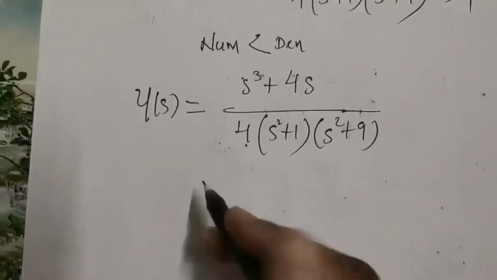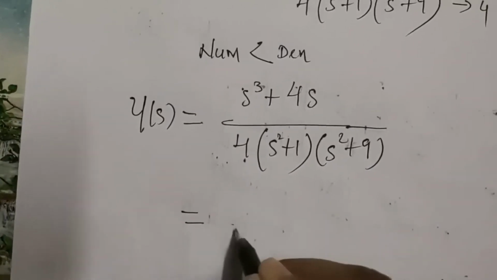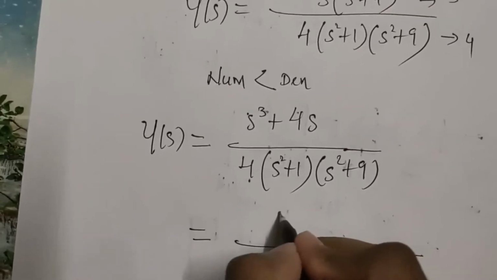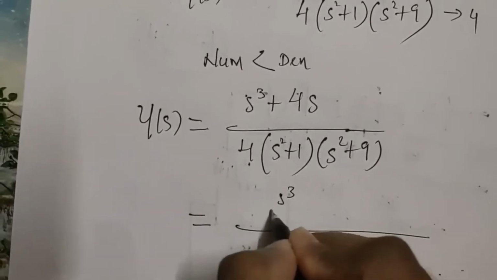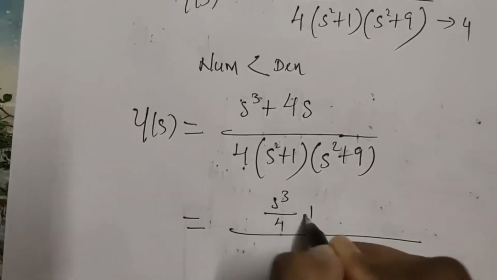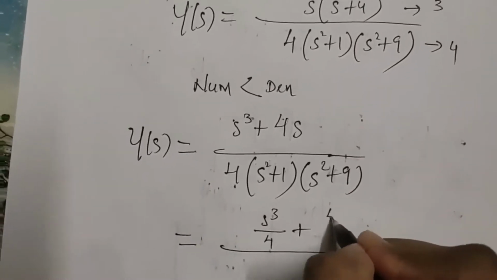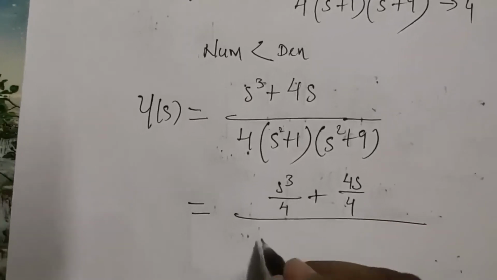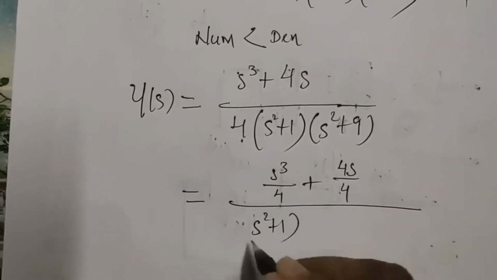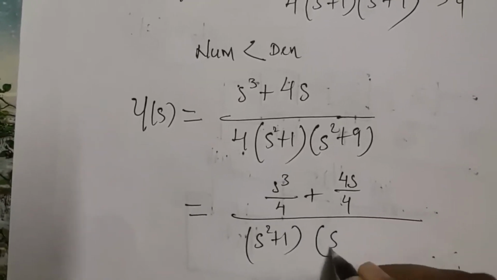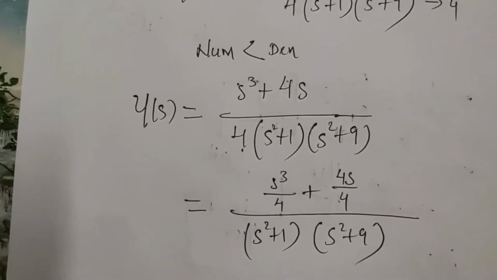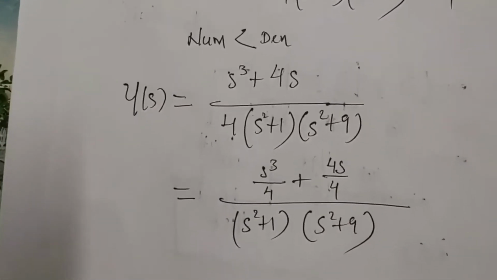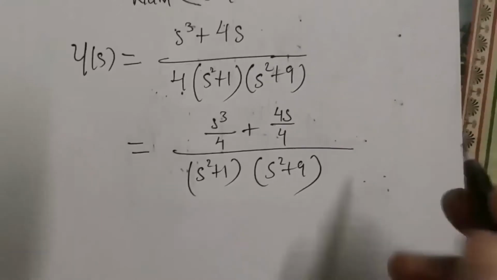This again I can rewrite as (s cube plus 4s) by 4 divided by (s square plus 1) into (s square plus 9). So I have taken that to the numerator.